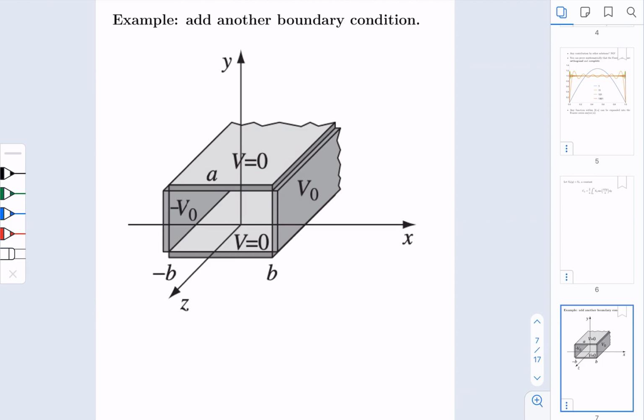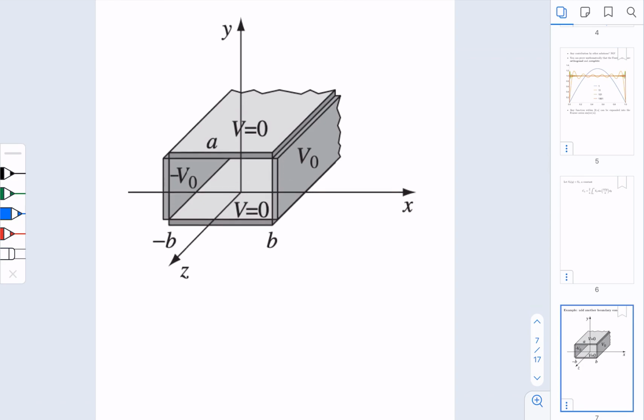Now I try to seal the other end with negative v naught, and see what happens. Now again there is no z dependence in this problem, so the problem is 2D again.